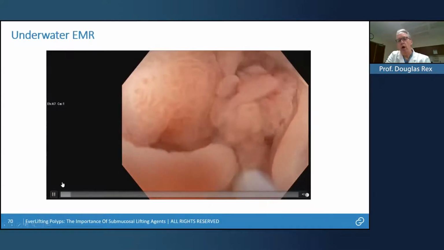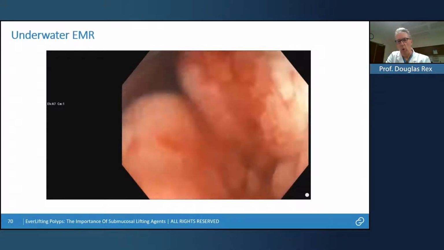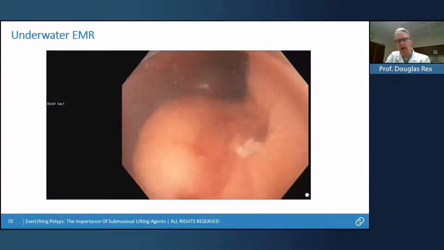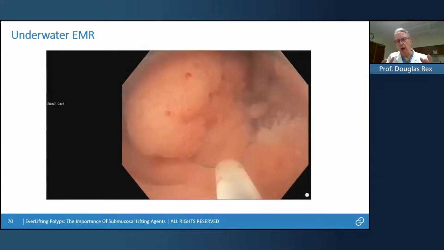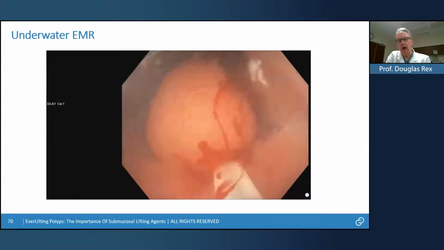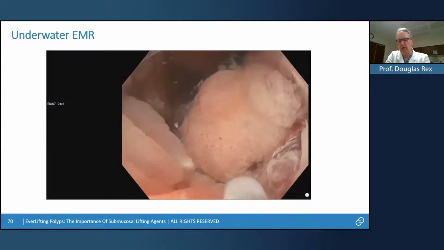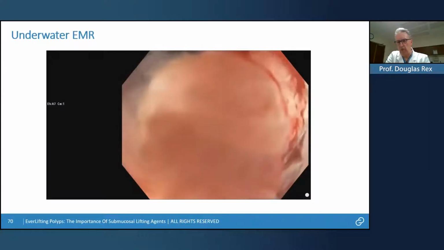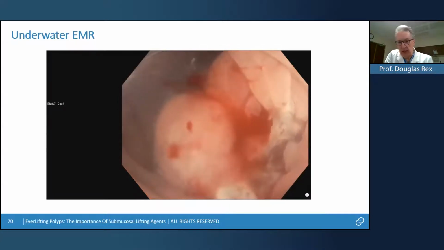When we go underwater, we take the gas out of the lumen and fill the lumen with water. Then we don't inject, and we don't need to, because the mucosa and the lesion float up into the water column. And in controlled trials, the main advantage of this has been that a higher percentage of lesions can be removed en bloc. And of course, there's less plastic waste.